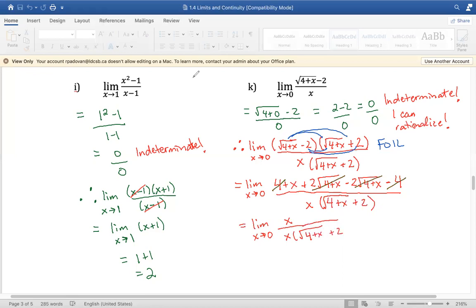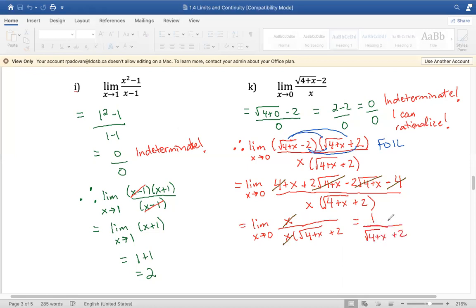And then I can continue to cancel the x's. And then I'm left with one over the square root of 4 plus x plus 2.